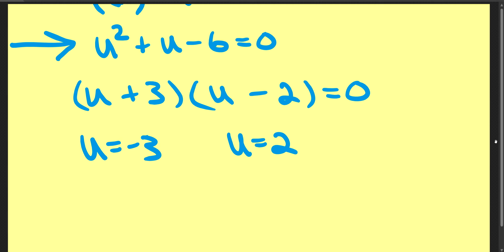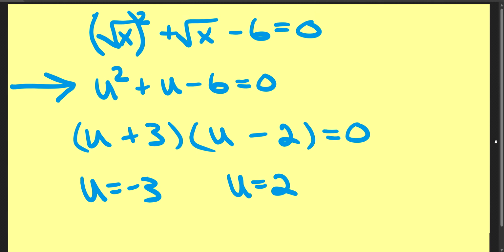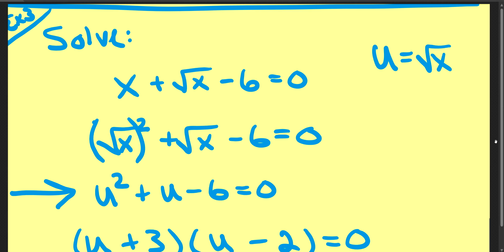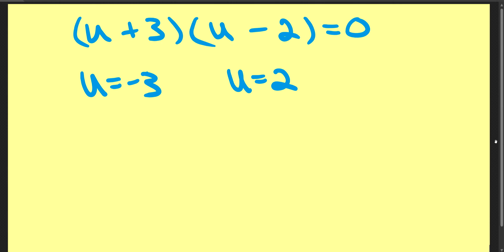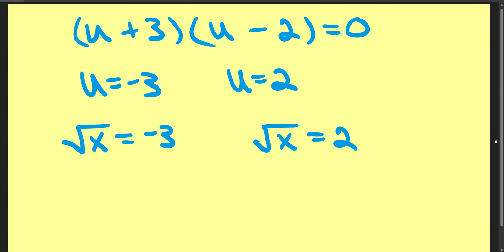And then I got to replace the u with its original value. And we said u equaled the square root of x. Well, if u equals the square root of x, then the square root of x equals negative 3, and the square root of x equals 2.